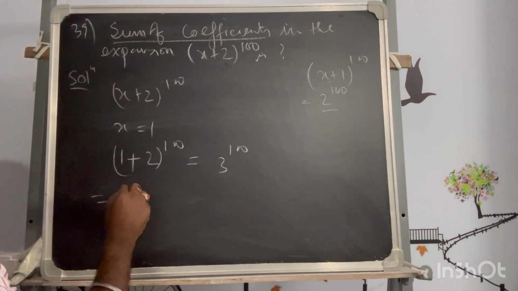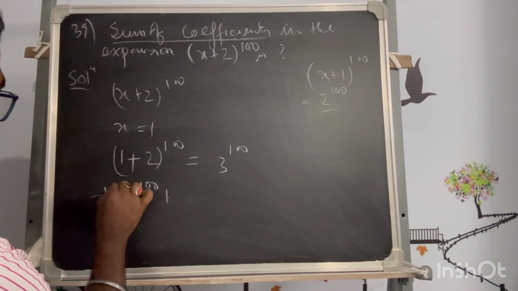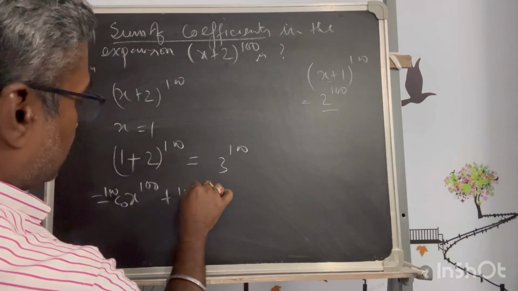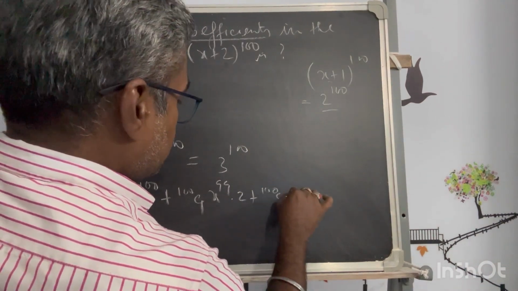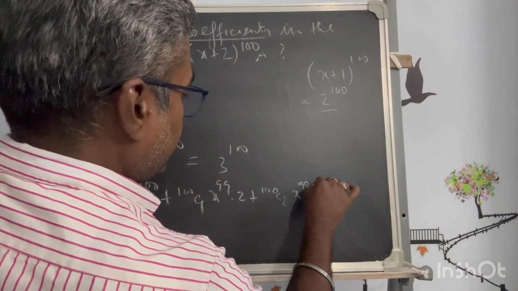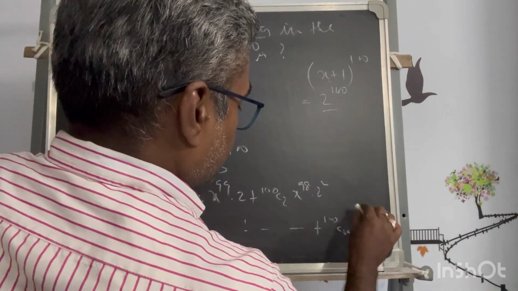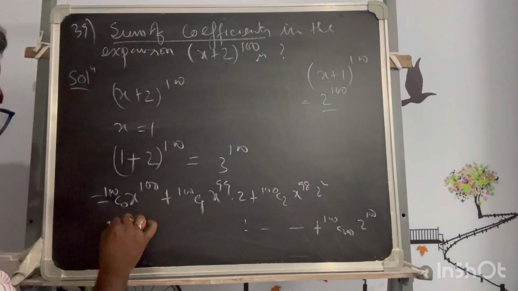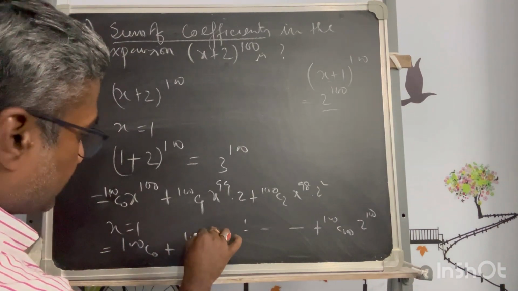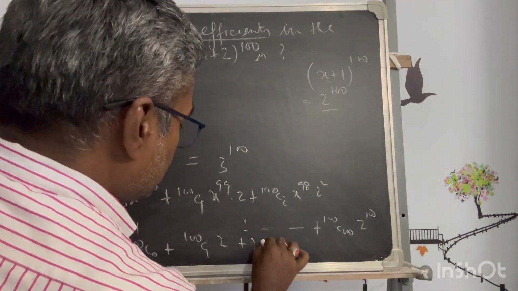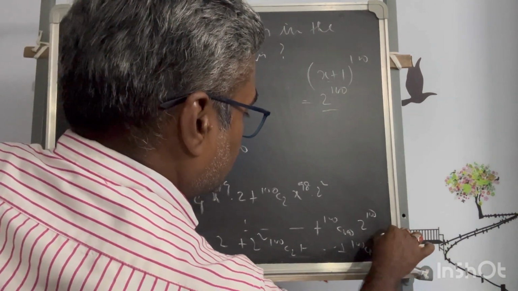That means if I expand it, this will be expanded as 100 C0 x to the power 100, then 100 C1 x to the power 99 times 2, plus 100 C2 x to the power 98 times 2 square, and like that till 100 C100, where x will not be there, just 2 to the power 100. Now if I put x is equal to 1 in all the terms, I get 100 C0 plus 100 C1 times 2 plus 2 square 100 C2 plus and so on till 100 C100 2 to the power 100.